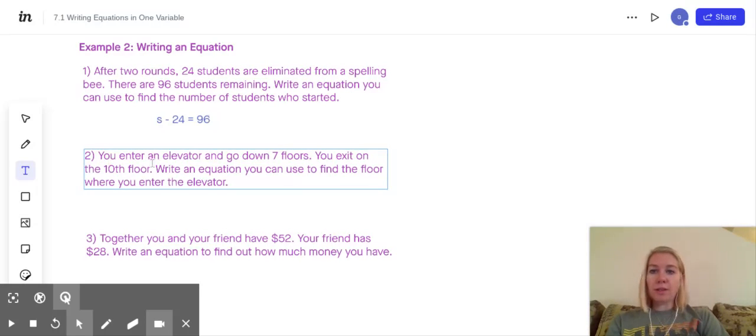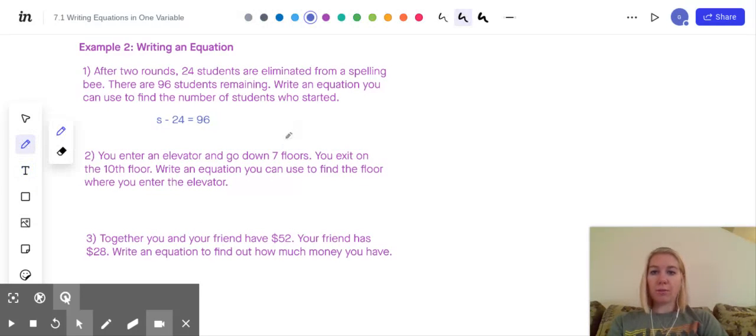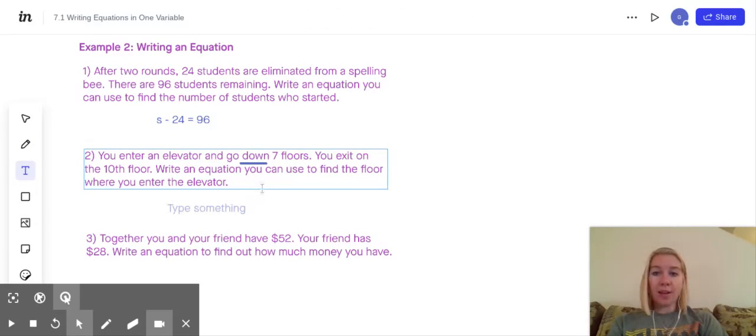It says you enter an elevator and go down 7 floors. I think down is going to be an important word in our equation here. You exit on the 10th floor. Write an equation you can use to find the floor where you entered the elevator. Okay, so we don't know where we entered, but after we entered, we went down 7 floors.